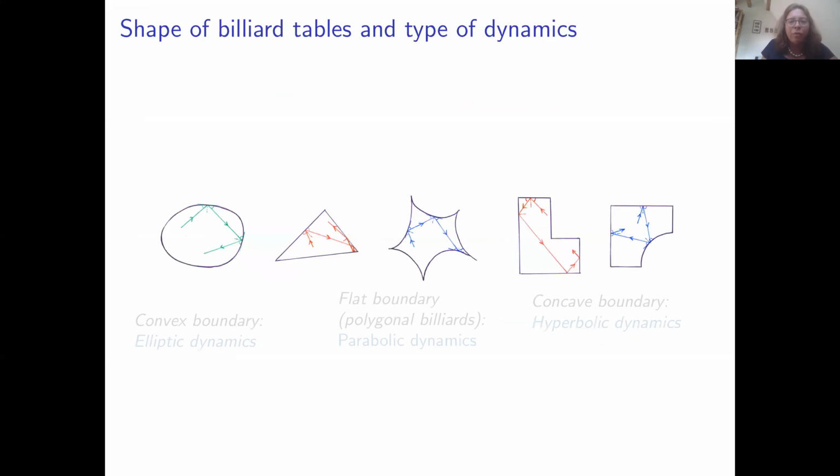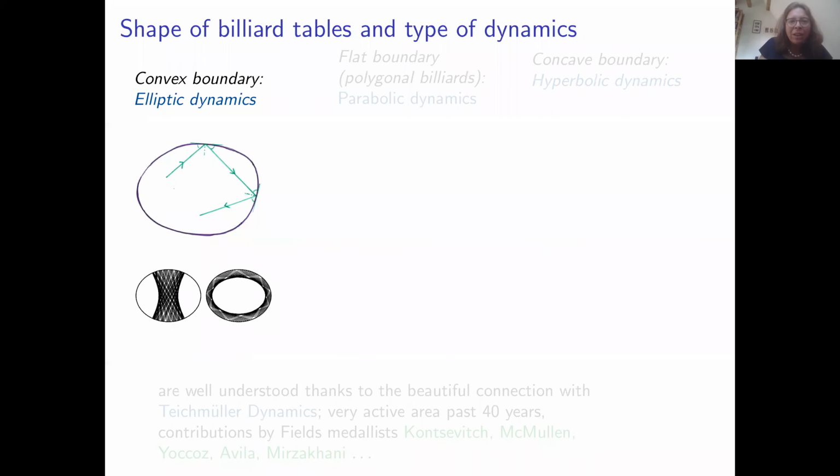More generally, if we stay in the world of billiards, we'll leave it soon, but I want to say the boundary of the planar domain determines a lot of the type of dynamics that you need to use to understand billiards. Convex boundaries give rise to elliptic dynamical systems. Those are strictly connected to Hamiltonian dynamics, KAM theory, a very interesting world, maybe related to variational methods.